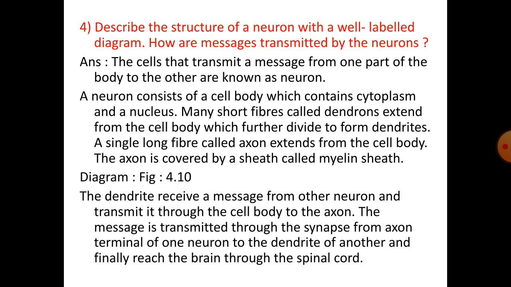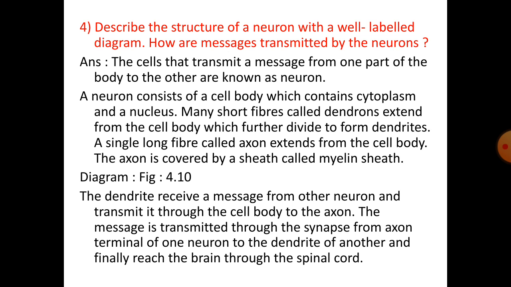Okay, number 4. Describe the structure of a neuron with the well-labeled diagram. How are messages transmitted by the neuron? The cells that transmit a message from one part of the body to the other are known as neuron. A neuron consists of a cell body which contains cytoplasm and a nucleus.